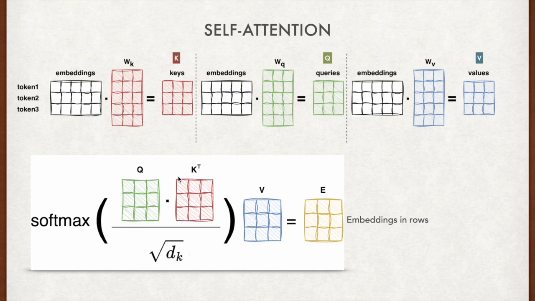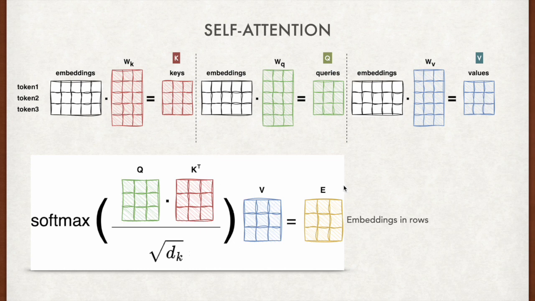Then we can divide the values of that matrix by a scalar, the square root of the length of the key vector, and then apply the softmax over the rows of this matrix. Then we can utilize such attention matrix and multiply it by the values matrix.